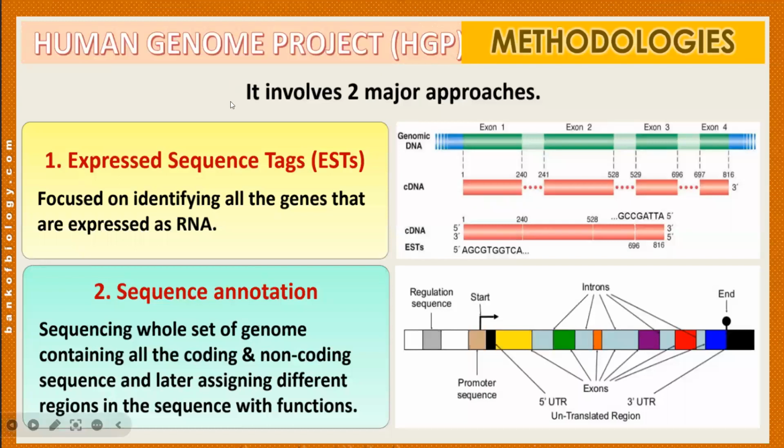Two approaches: expressed sequence tag and sequence annotation. Expressed sequence tag. What is a tag? We put a tag over there. Whichever sequence is expressed, they find with the help of a tag.